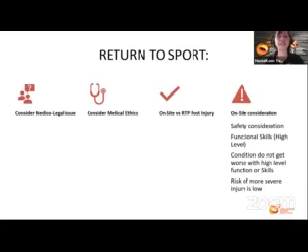However, importantly, at the end of the day, safety is one important consideration, functional skills is another, and the condition should not get worse with high level function or skills. And the decision should not put the athlete at risk of more injury.